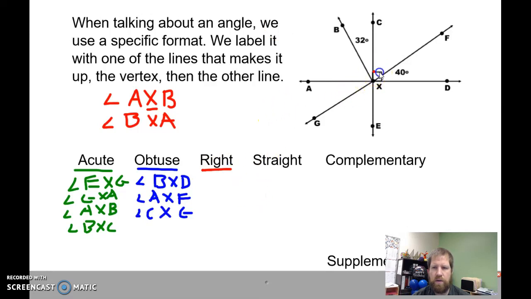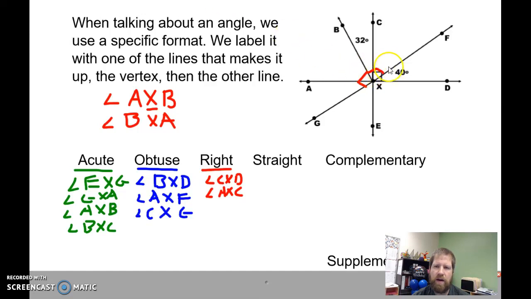All right, let's go ahead and find our right angles. So our right angles will often have this little box here, okay? So we've got a right angle here with CXD. A right angle here with CXA, or AXC, okay? And it looks like we might have a right angle here, that's pretty close, but BXF, or BXG, right?